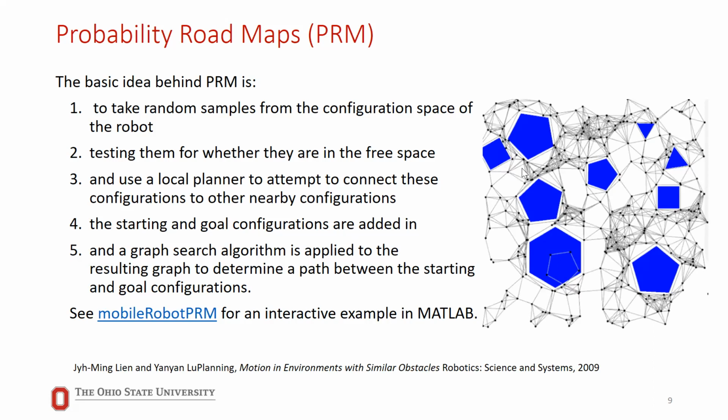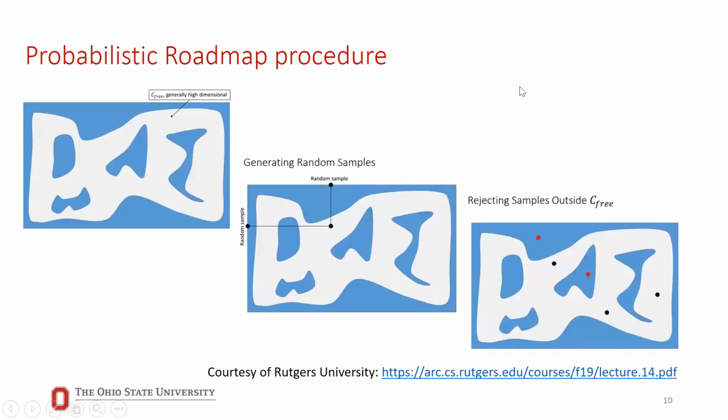A little bit more in detail, if you want to know the procedure, what this method actually does. Let's say you have a free space; you have to give this free space map to your algorithm. So this is informed, we know the map. You give the obstacles, then it starts sampling points randomly, though not quite random. Some points are sampled but they are not in free space.